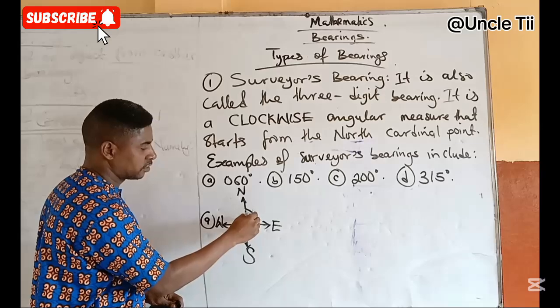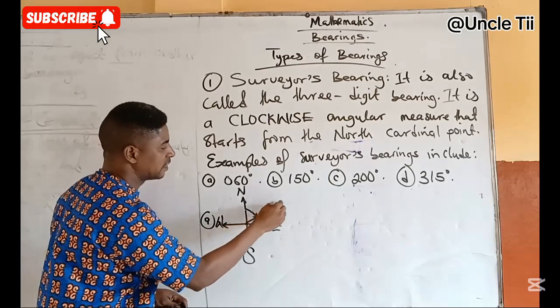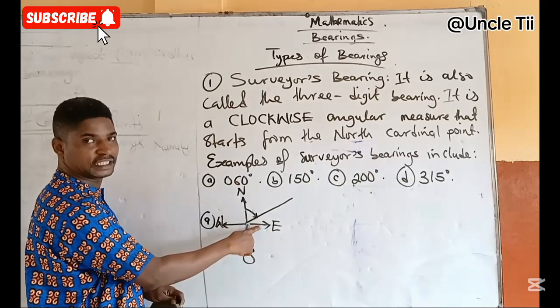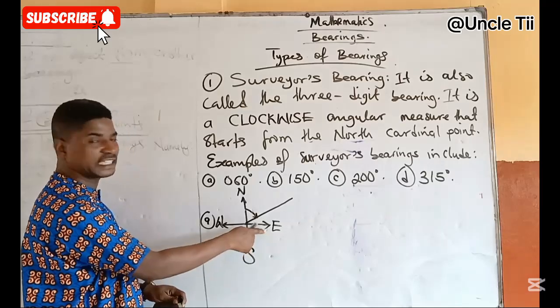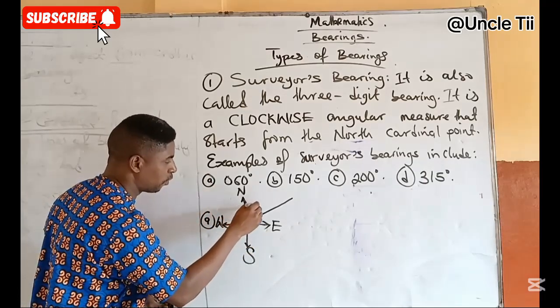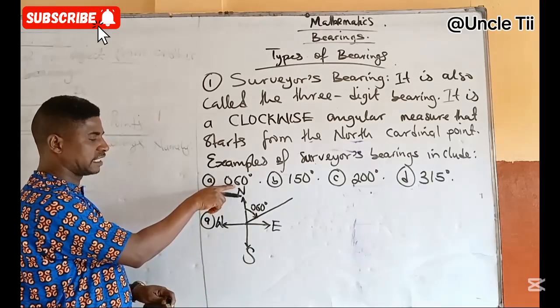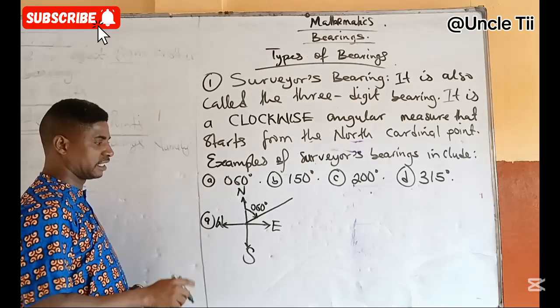Clockwise from the north, we are going to stop somewhere there. Why? 60 degrees is not up to 90 degrees. It's less than it. So just before the east, which is 90 degrees from north, you stop drawing. So this is your 060 degrees. That is the diagrammatic illustration of this bearing 060 degrees.